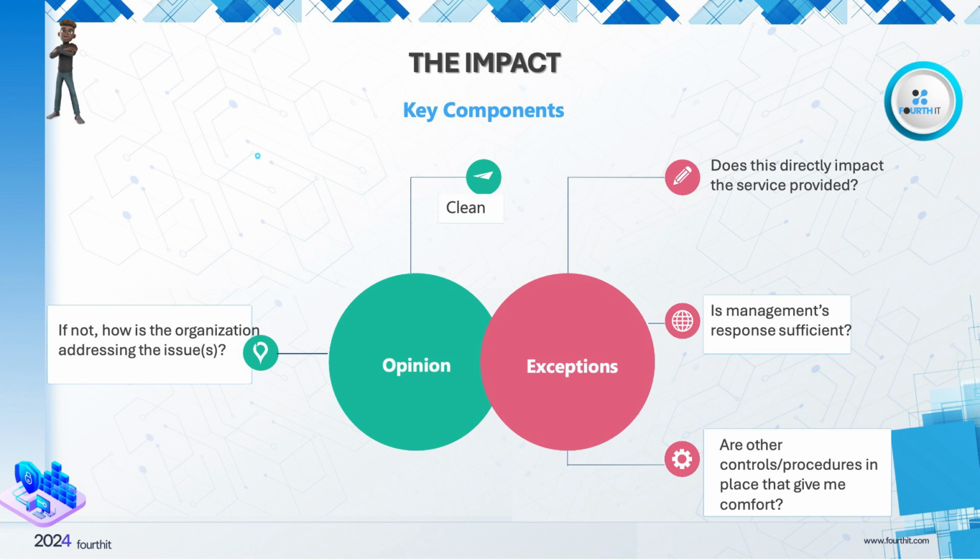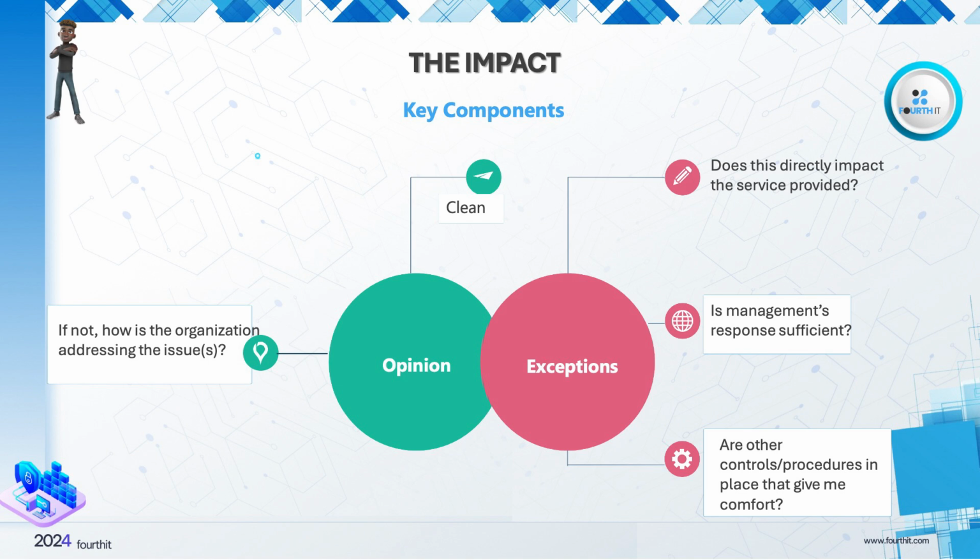The opinion is how the organization is addressing the issues that have been generated. Now with the exceptions, you are asking, is management's response sufficient? Are there other controls or procedures in place that can give you the assurance that this is working effectively? Or does this directly impact the service provided? That is something you also have to look at.